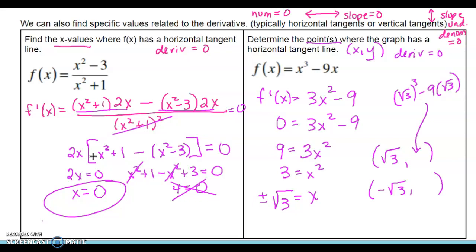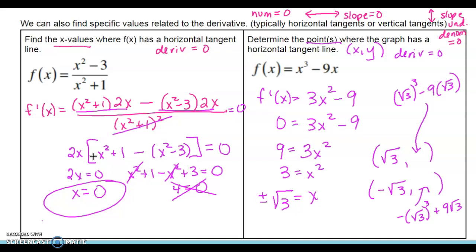They might want the x value or the point, so just be flexible. It's not a super great answer, just because the answer was a root. And then if we plug in a negative root 3, it's going to be really similar, except it's still going to be negative. So negative root 3, I can put the negative in front, and that'll be a negative root 3, which makes it positive 9 root 3.